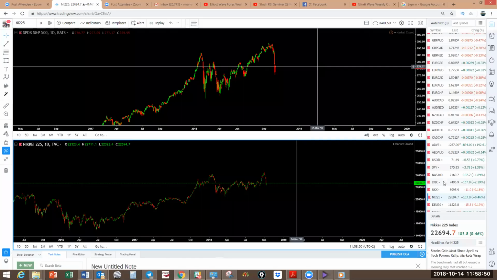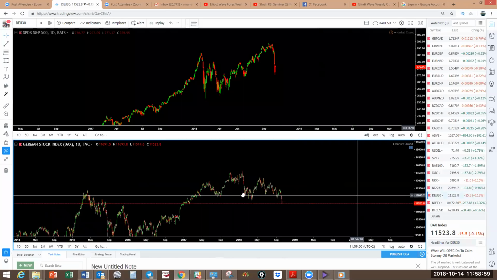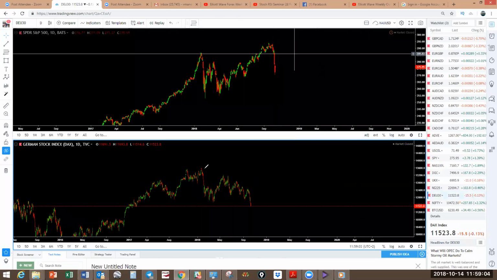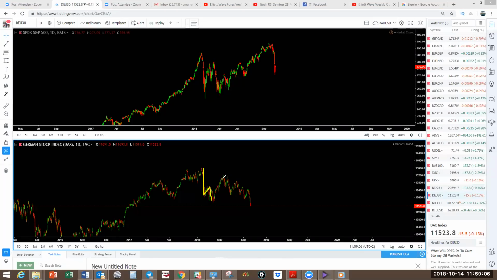Right, at the bottom, again, I'm going to change to the DAX. So the DAX is similar to the UK 100 in terms of structure. Same here, we've got 1, 2, 3, 1, 2, 3, 1, 2, 3.